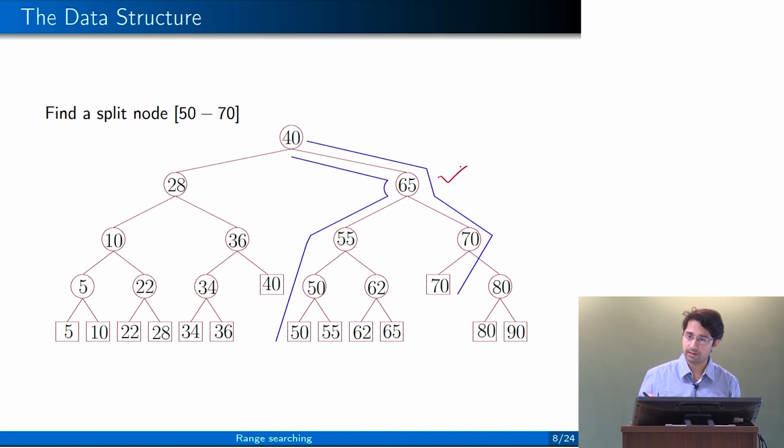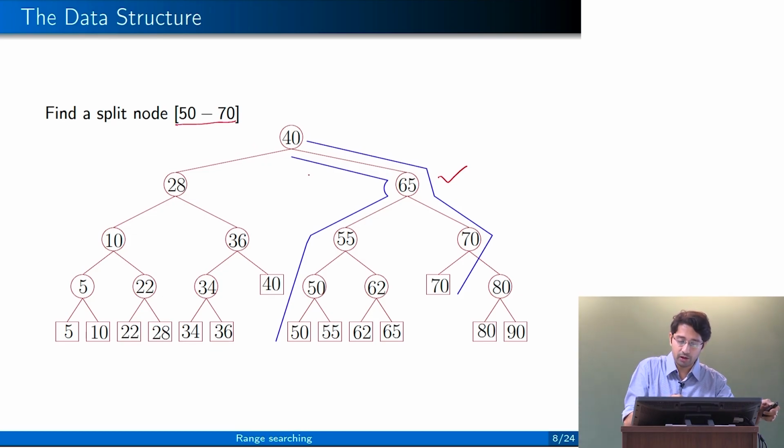In other words, this is the first node while searching from the root that is in between the range given to me. What is the range? 50 to 70. Is 40 between 50 and 70? No, it is outside, so it can't be a split node. But 40 is less than this range.